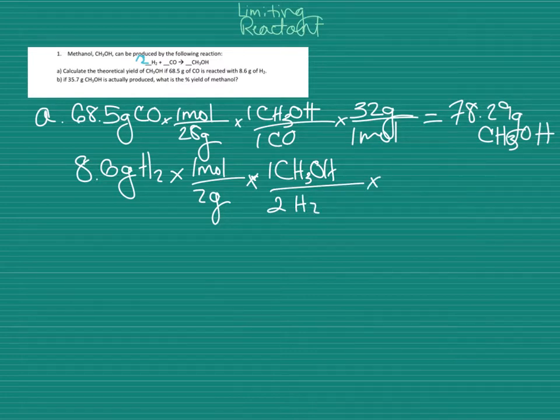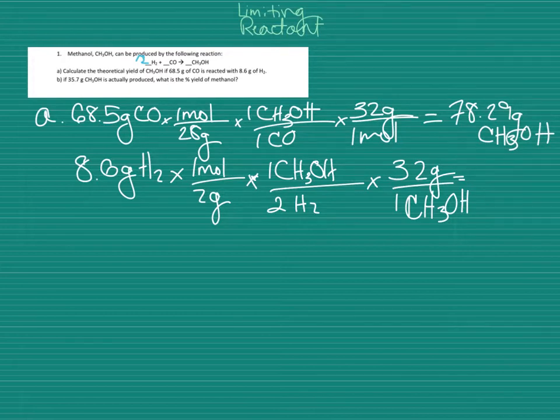And then, again, you could stop at this point because you'd have moles to compare, but since you're going to have to do it anyway, go ahead and get to grams of methanol. And if you do that, again, multiply across the top, divide by the bottom, so it's 8.6 times 32 divided by 4, effectively.